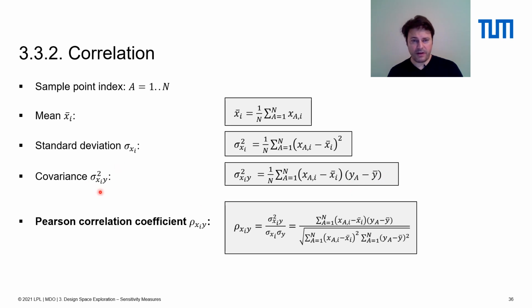So this is the covariance between design variable i and the output y. And the definition of the Pearson correlation coefficient is the covariance divided by the standard deviation of design variable i and your output y, given by this formula.